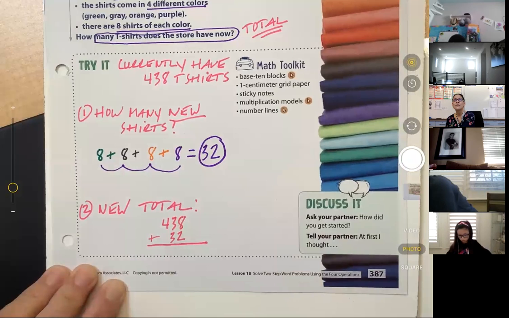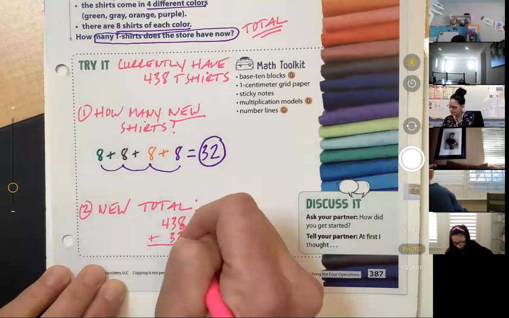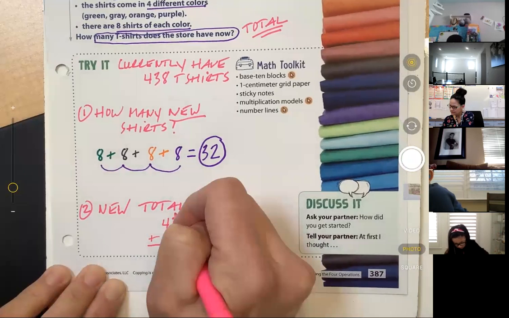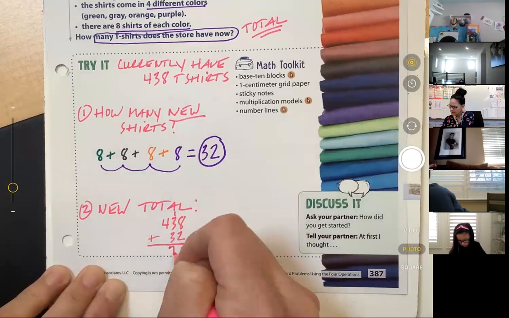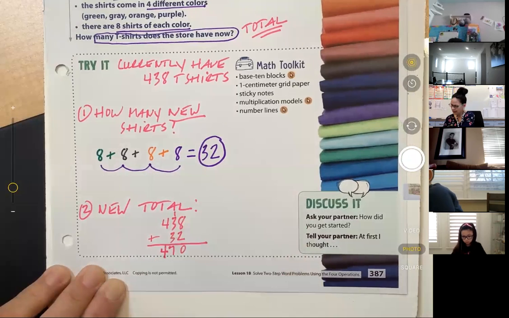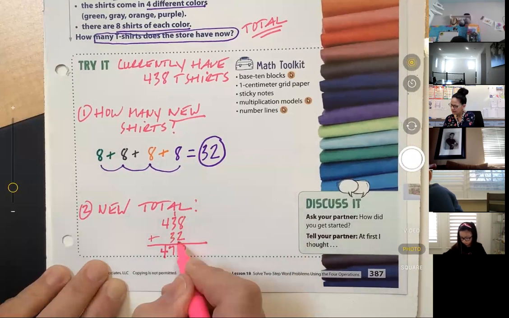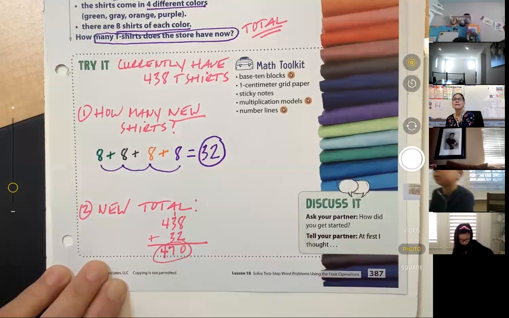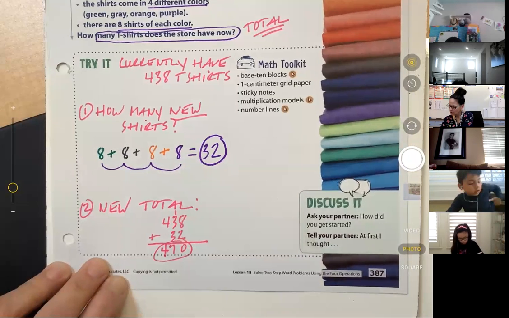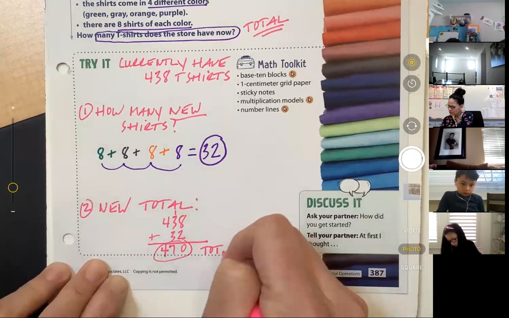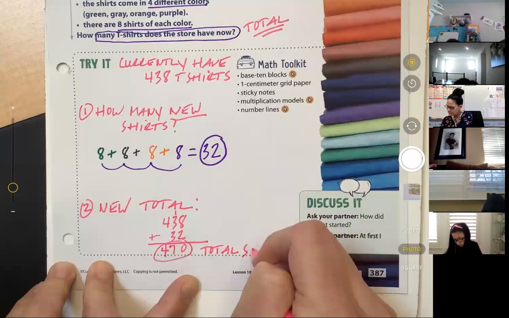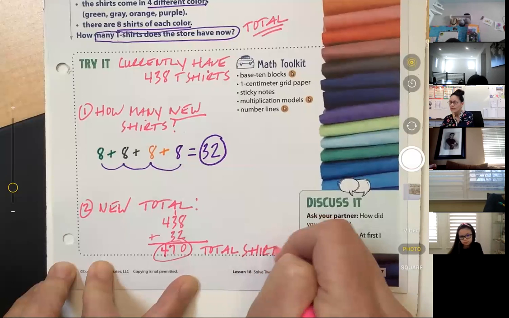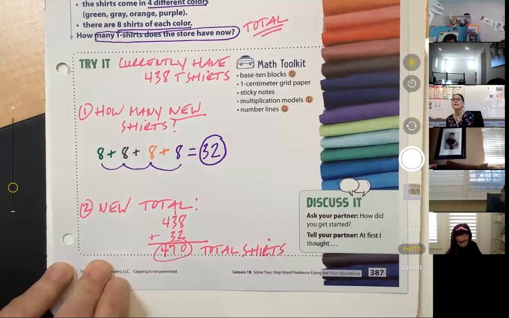And when I do this addition, I'm going to find that the store now has 470 total shirts. 470.